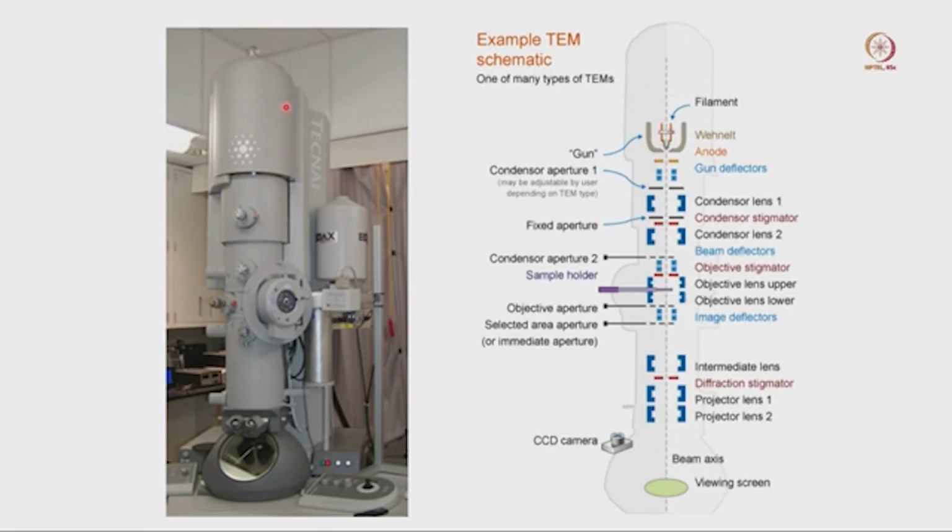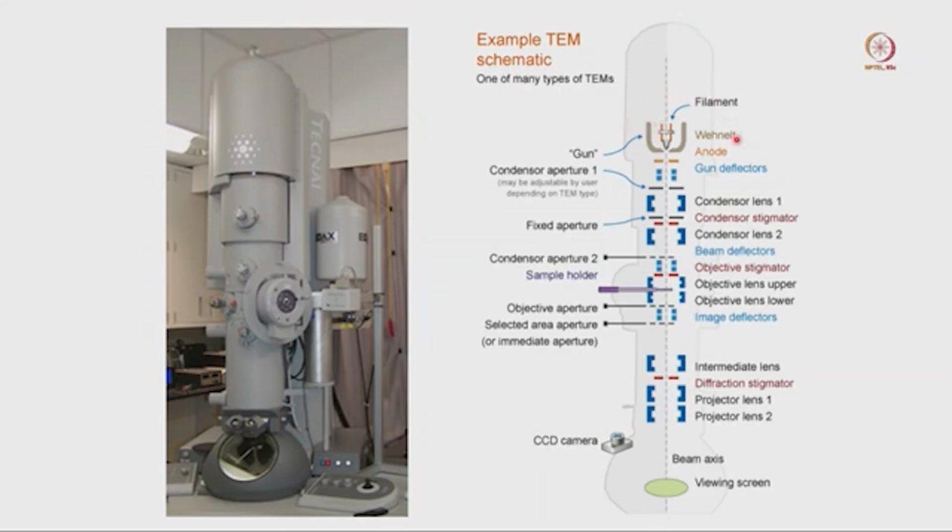The top part of this microscope is connected to our high tension. Previously I mentioned that we are talking about a 120 kV, 200 kV or 300 kV microscope. That high tension cable will connect through this particular region, and the cable will go and connect with our filament.